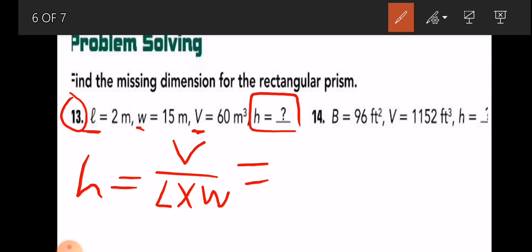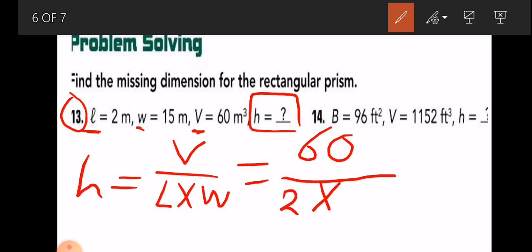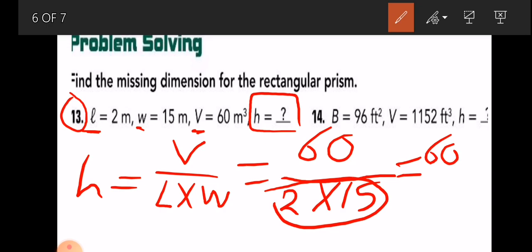Okay, so the volume is 60. The fraction sign means division. Then length is 2, width is 15. Okay, I will do this multiplication first, then I will divide. So still I have 60 up, down 2 times 15 is 30. 60 divided by 30 will give what?